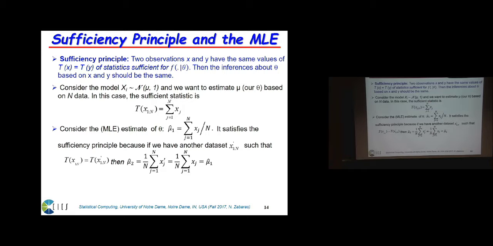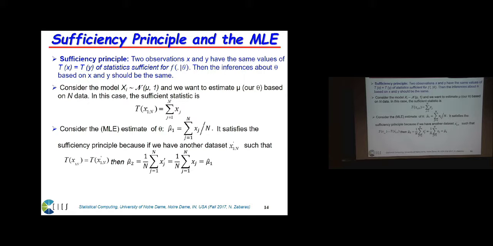So if somebody tells you that you collect some data xj and some data xj prime, and the summation of xj is equal to the summation of xj prime, then the MLE estimate needs to be the same, which is no problem because remember the MLE estimate for the Gaussian is the sample mean. So you have this divided by n, and obviously this divided by n is the same as the summation of xj prime divided by n. So the two estimates are the same.